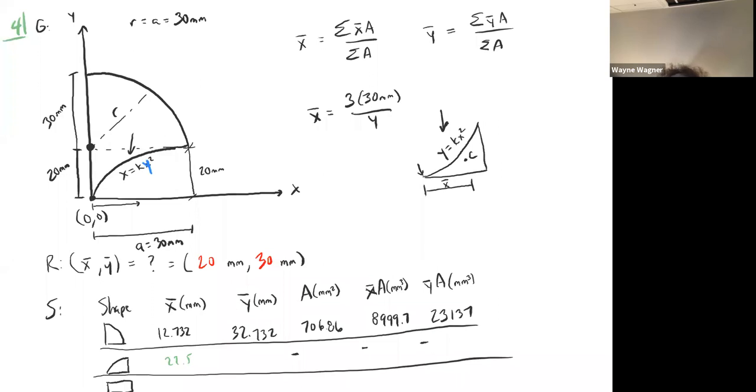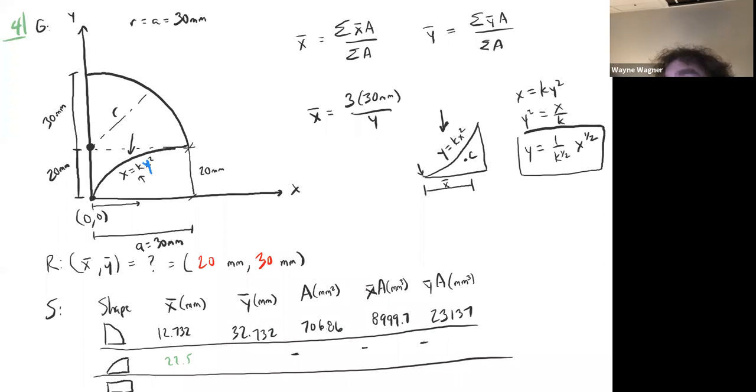So I'm going to rearrange this. x equals ky squared, so y squared equals x over k, so y equals 1 over k to the 1/2 times x to the 1/2. Does this look like that?